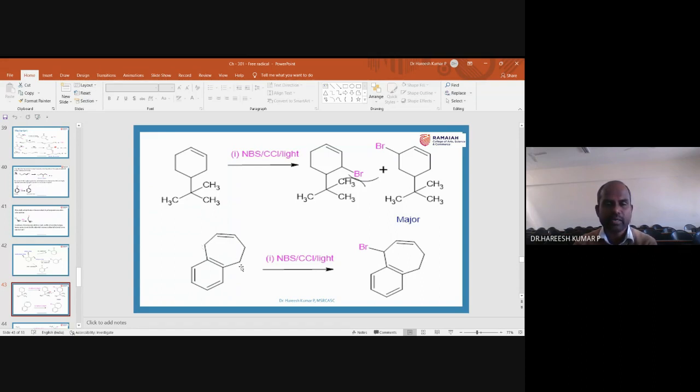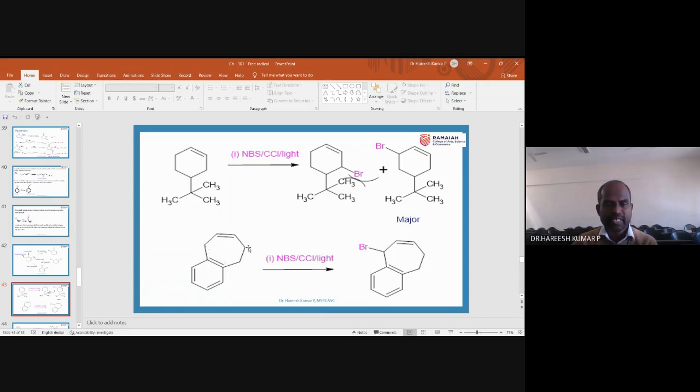Whereas this one, the benzylic carbon, is attached to a CH2. That is the reason this carbon or this proton is more reactive or more acidic in nature.